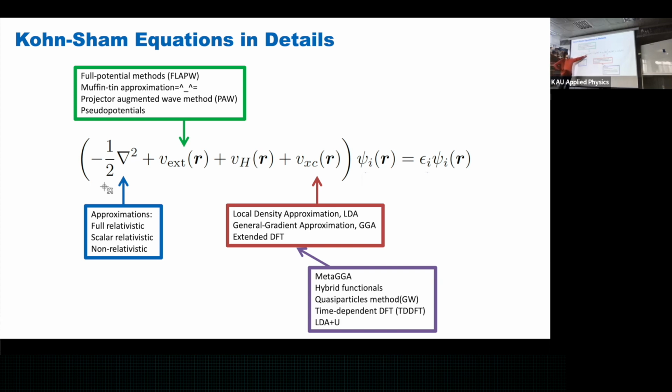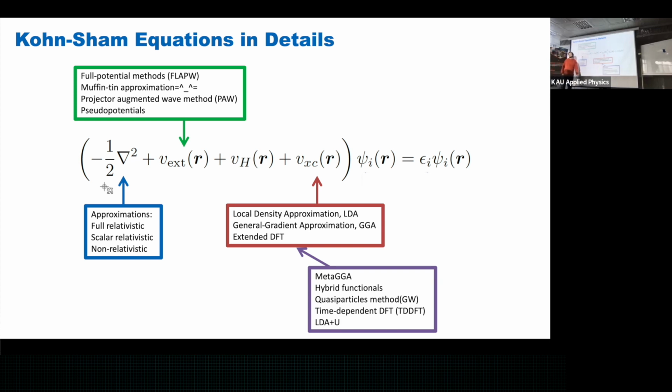How can we approximate external potentials? These are pseudopotentials, which we use in Quantum ESPRESSO. In the pseudopotential method, we split the potential created by the nuclei and the atom, so atom plus electrons. We say that we have some valence electrons, and these valence electrons we include in the calculation.